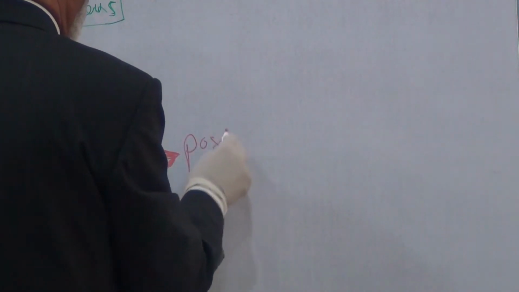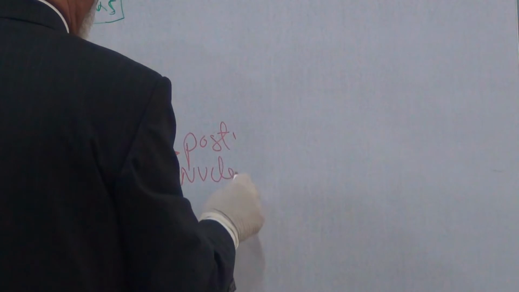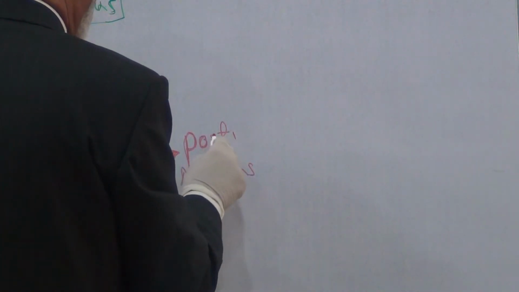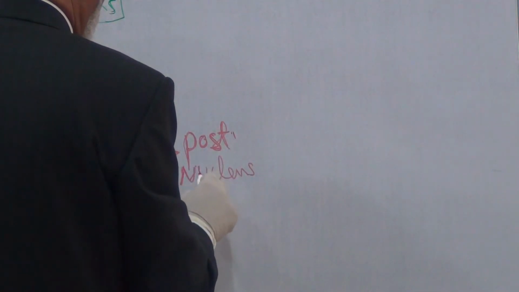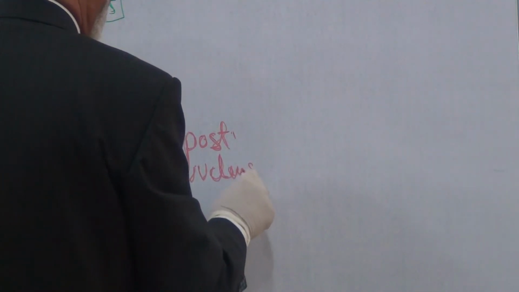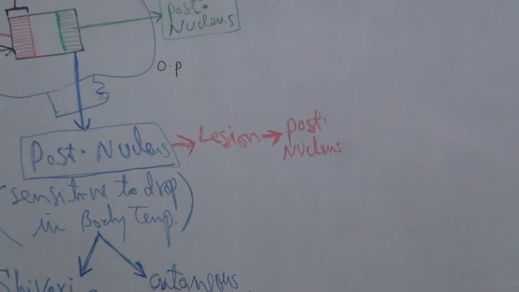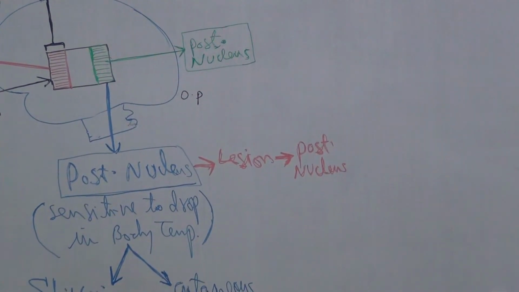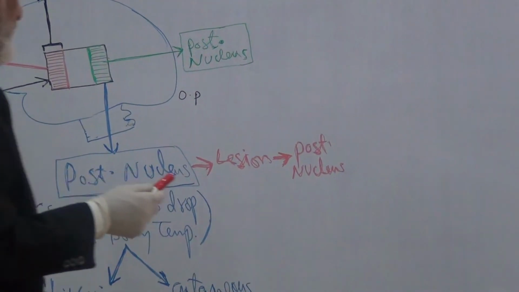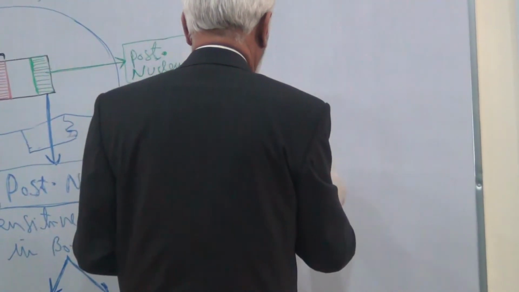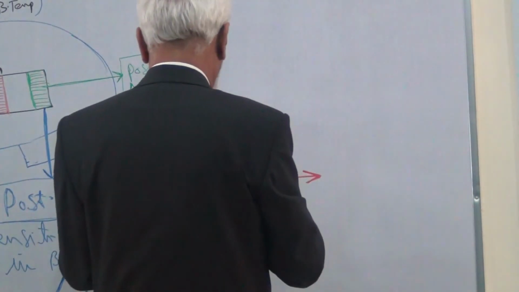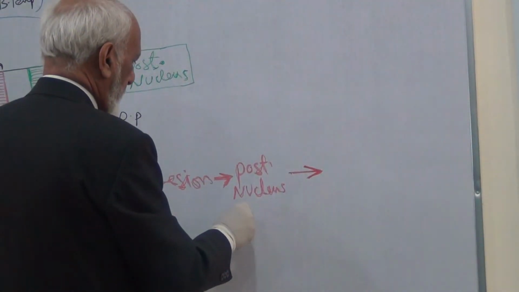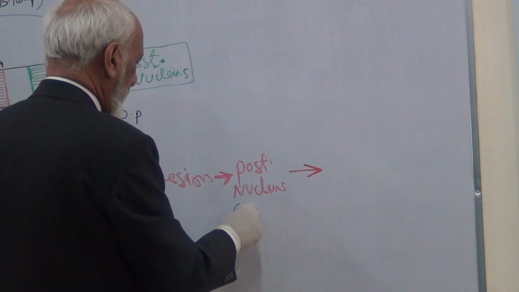Because the posterior nucleus raises the body temperature, but in case of lesion, instead of rising, body temperature will fall. With a lesion, the posterior nucleus is inhibited.